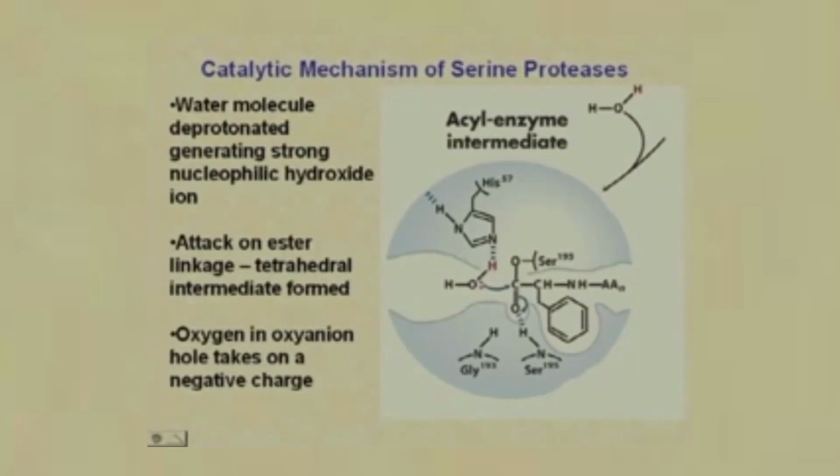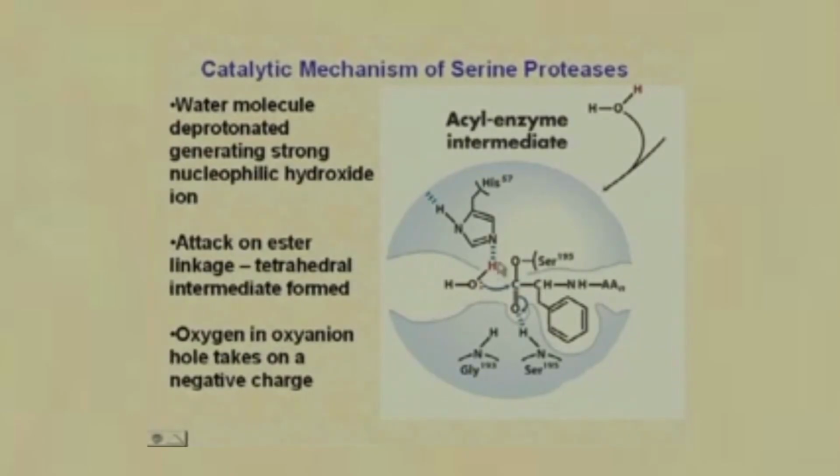Histidine then donated this hydrogen to the leaving amino part of the polypeptide chain. But we still have the other part of the polypeptide chain which contained the bulky hydrophobic group that was in the hydrophobic pocket. And now what do we have to do? Is we have to get serine back to where it was. So we have an intermediate basically.